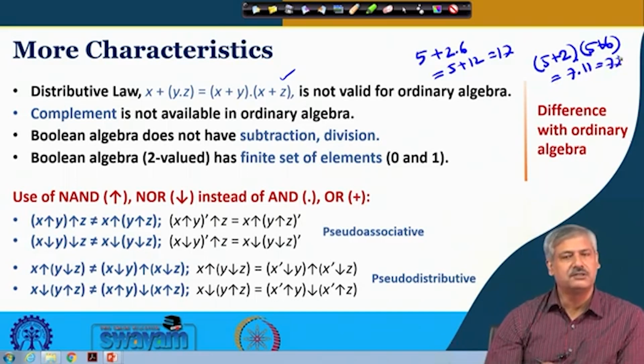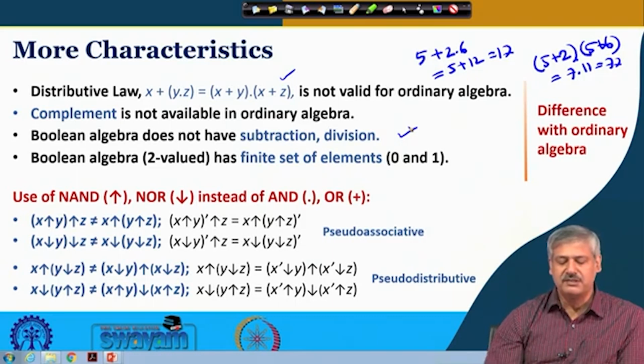So, that is quite different. So, this is not valid for ordinary algebra. Complement is not available in ordinary algebra, that we already know. It does not have inverses for addition and multiplication like subtraction and division. This kind of inverses are not there in Boolean algebra, which is there in ordinary algebra.